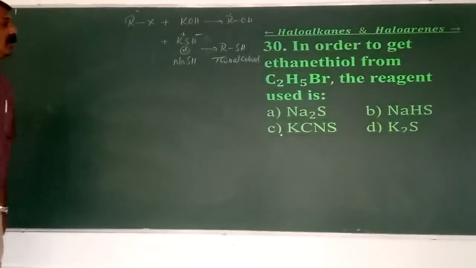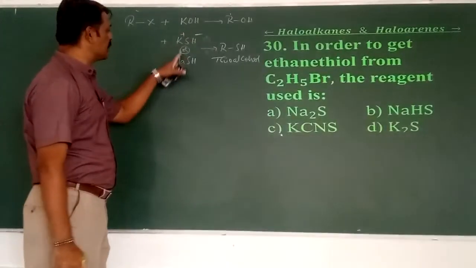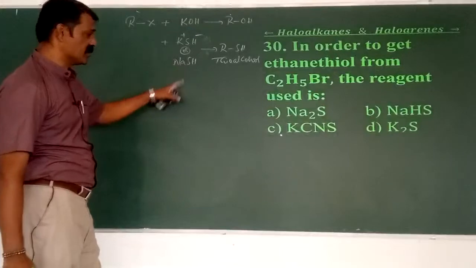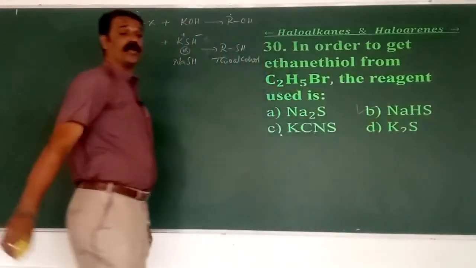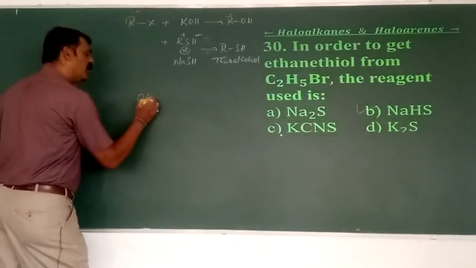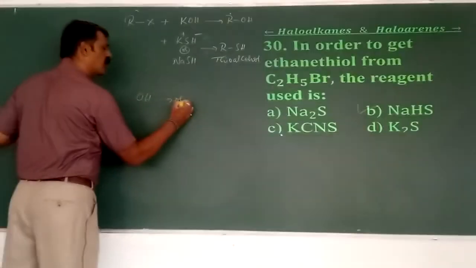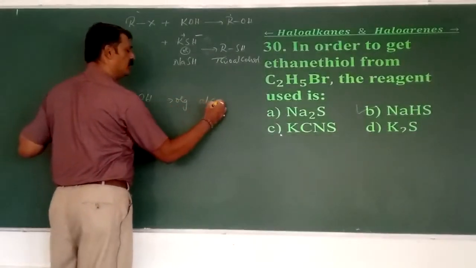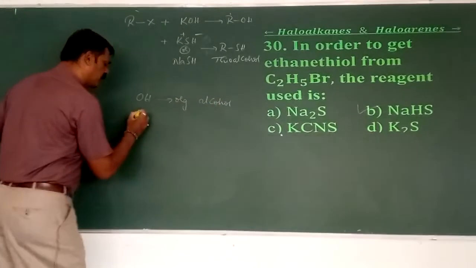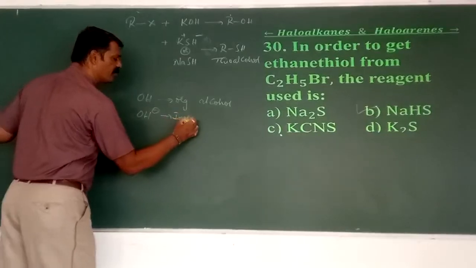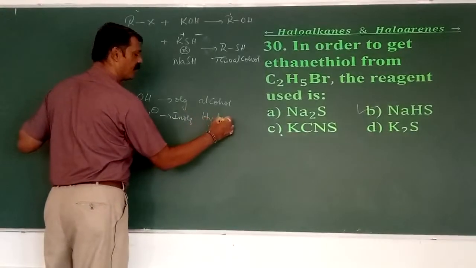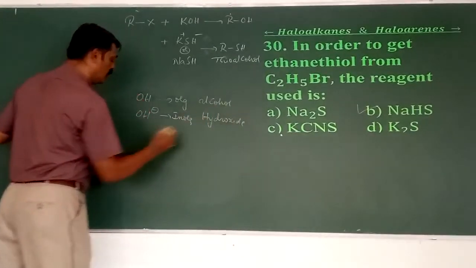So thioalcohols means that instead of KOH, if KSH or NaSH is present, here it is NaSH. Okay. OH minus in organic chemistry is called alcohol, whereas OH in inorganic chemistry is called hydroxide. You have to remember that.